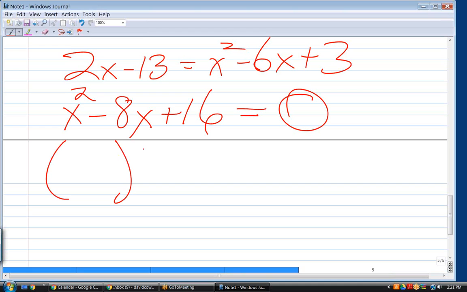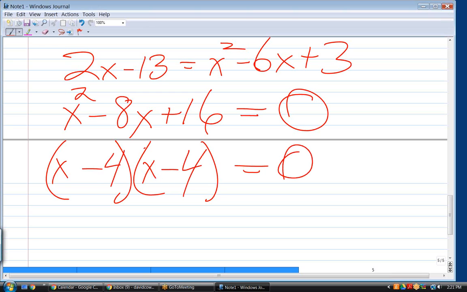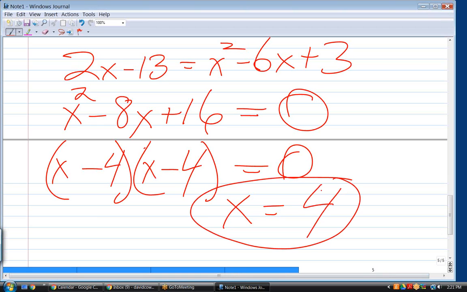I mean, they all factor, but sometimes you have to use the quadratic formula. Sometimes you can factor them into linear factors. This factors into what? x minus 4, x minus 4. So the solution to this problem is 4. That is the 0.